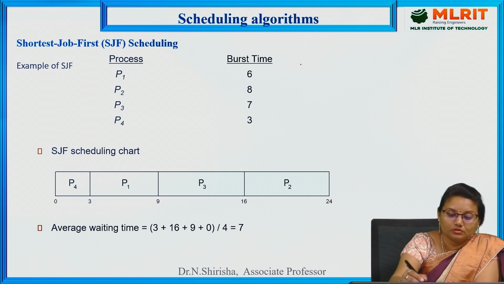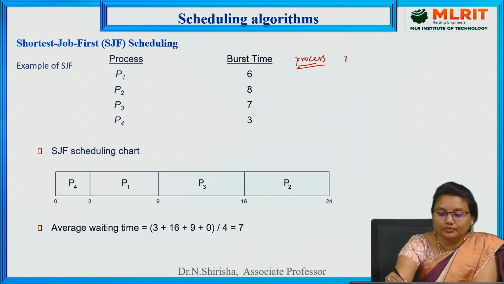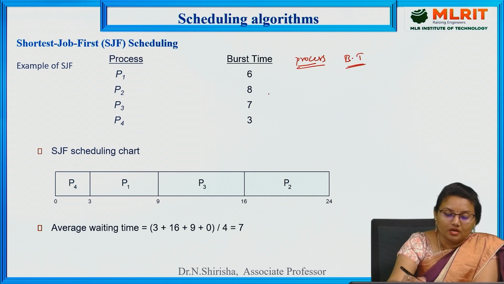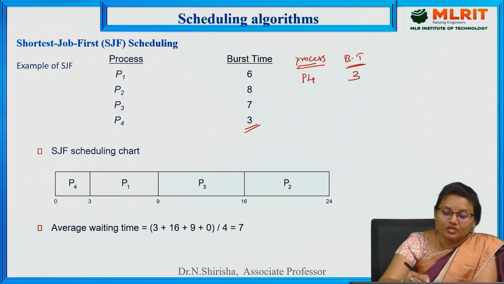If you see here, the process with the very short burst time, we have to change the order. This is the question that has been given. Now we are changing the processes and their burst times according to the order. Which is the least burst time? P4. So P4 will be executed for 3 milliseconds first. That is shortest job first. Whatever process has the shortest burst time is executed first.